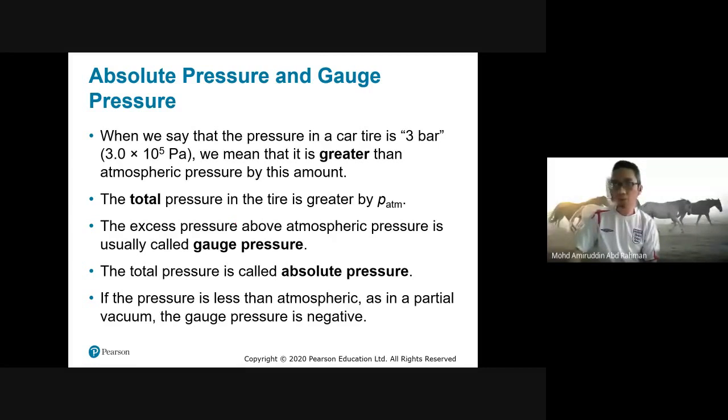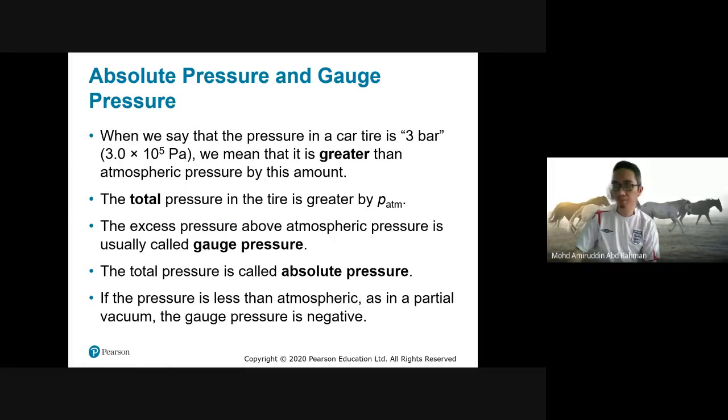All right, so we have absolute pressure and gauge pressure. When we say that the pressure in a car tire is 3 bar, that means 3 times 10 to the power of 5 Pascal. We mean that it is greater than the atmospheric pressure by this amount.